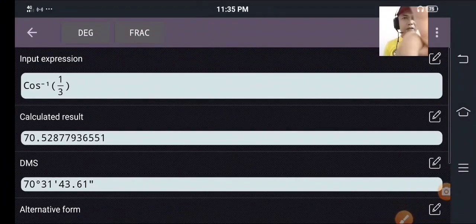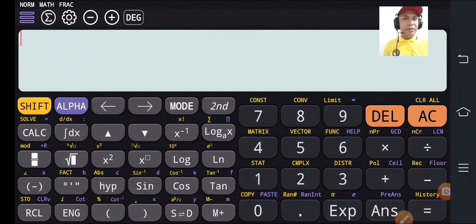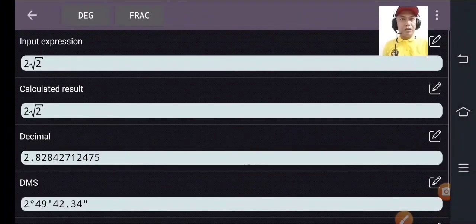Let us use the scientific calculator. Two square root of 2 is 2.828, so that is approximately 2.83. So we are correct in using the concept of trigonometric functions.